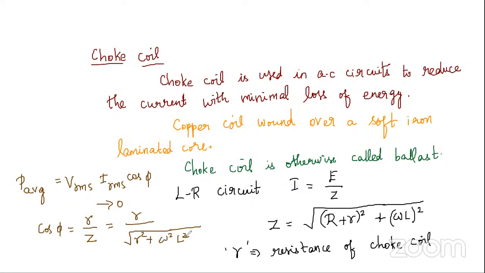So this is the value of your cos phi. In the choke coil, you won't be having that many equations. So just these equations are enough to solve numerical problems involving choke coil. Not many concepts are involved here, so just remember these formulas and you will be able to solve the numerical problems.